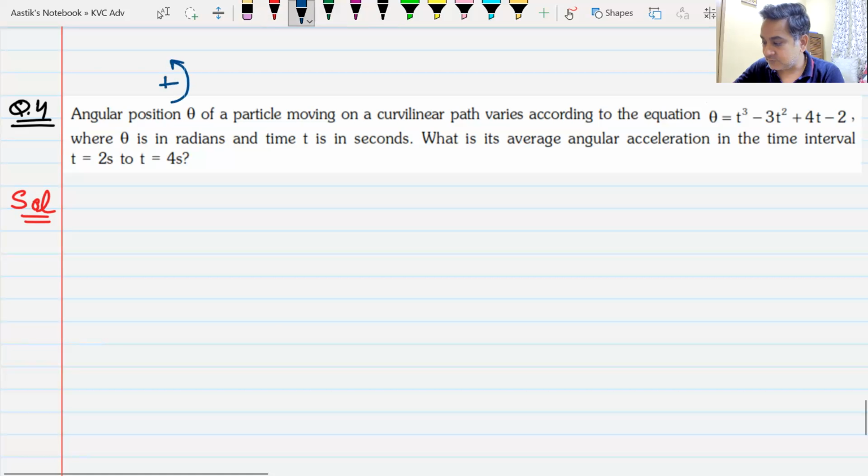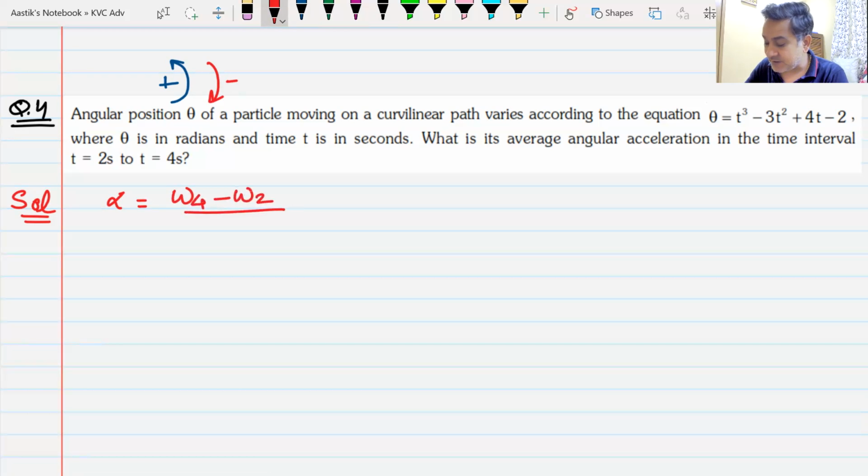Anti-clockwise is plus, and clockwise is minus. Okay, chalo, we have to find out the average angular acceleration. I will not write the vector sign because we will use plus and minus. Average angular acceleration will be omega at 4 seconds minus omega at 2 seconds divided by total time. Total time is 2 seconds.